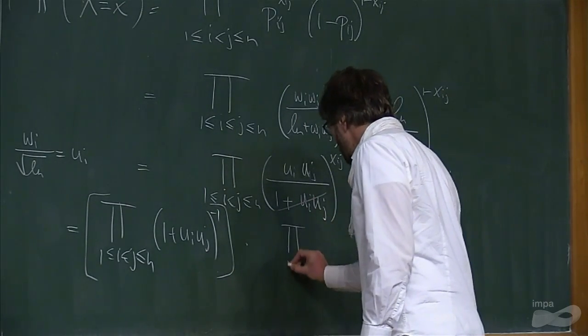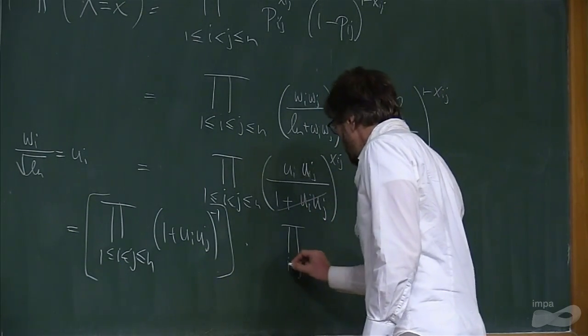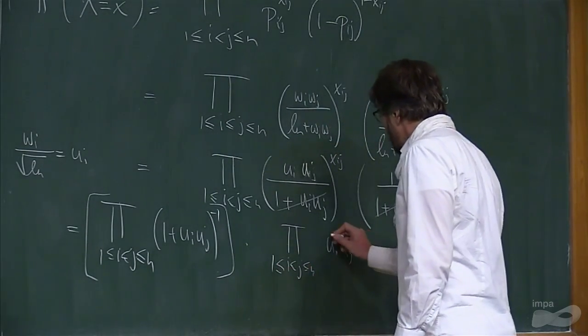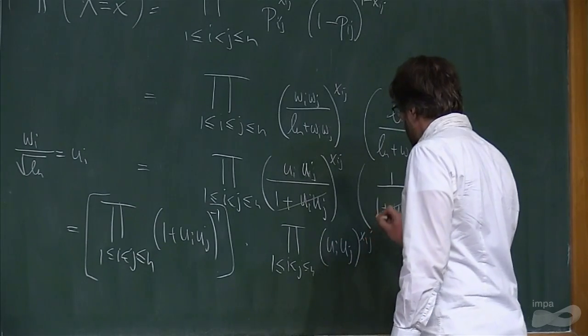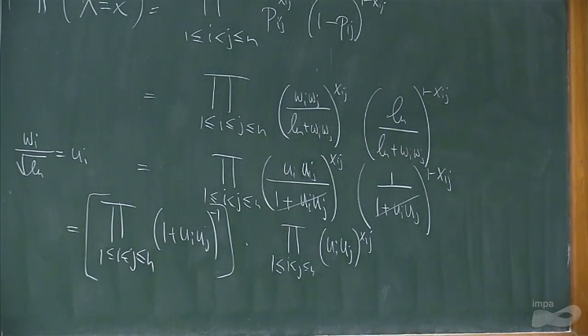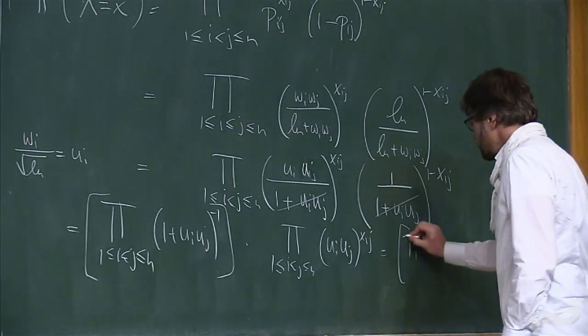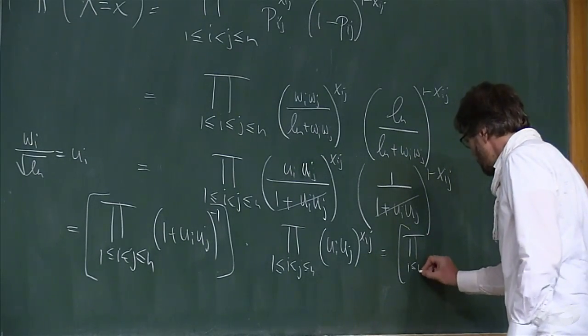It's the product over i smaller than j less than or equal to n of UiUj to the power Xij. Now you should just count how often the different Ui's and the Uj's appear. And what you will see is that this latter term just remains.